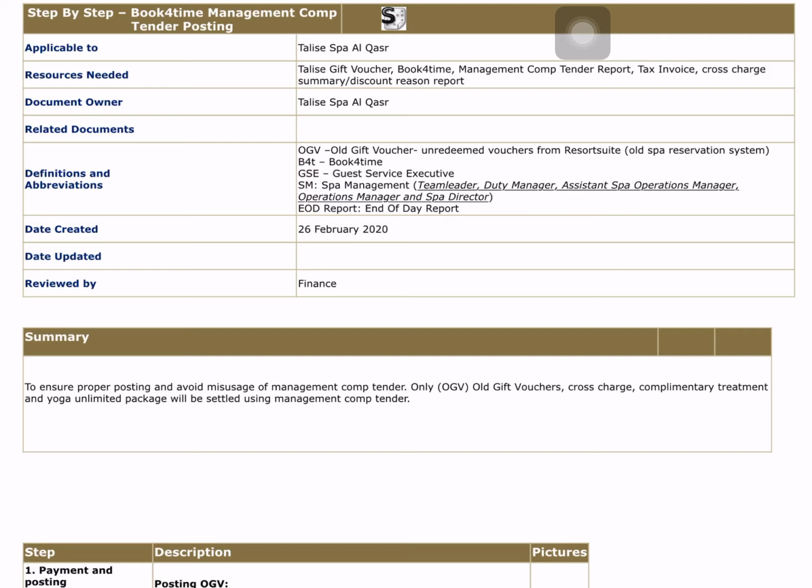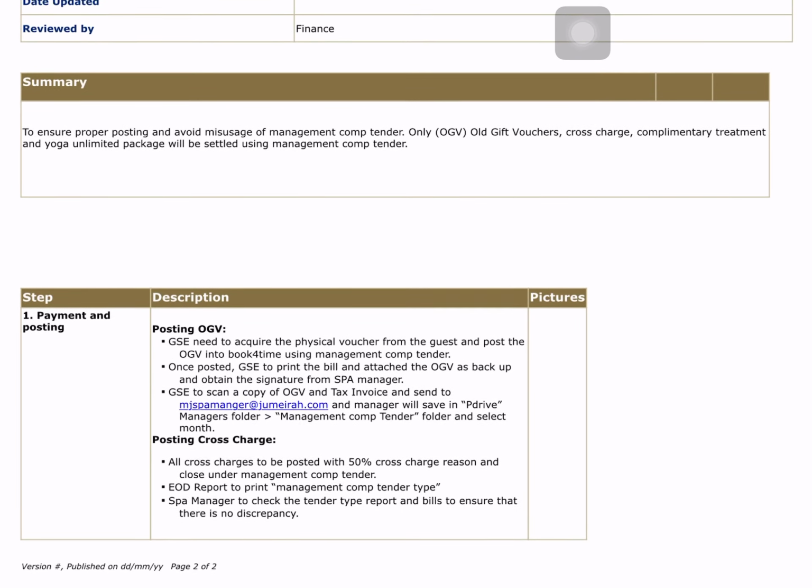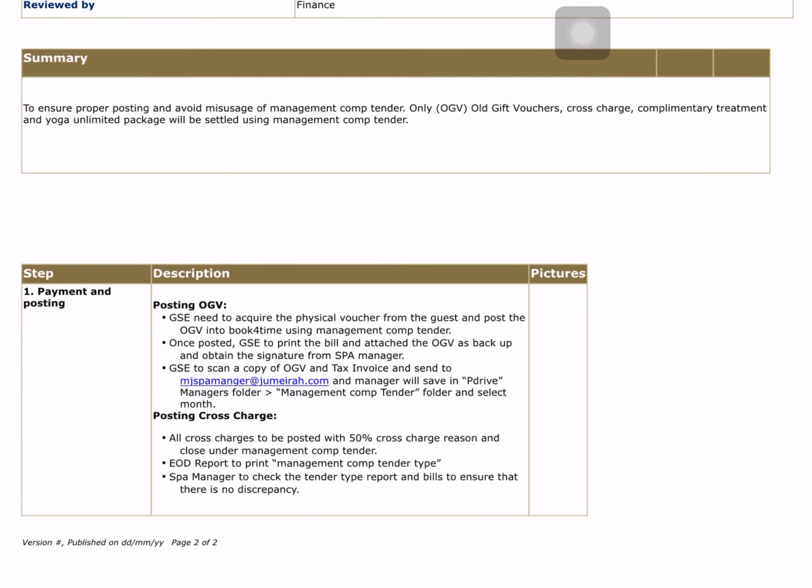Complimentary treatment means our spa, the Lee Spa Alcazar, is giving a complimentary treatment to our guests. And then we have yoga unlimited packages, which we also use the management comp.